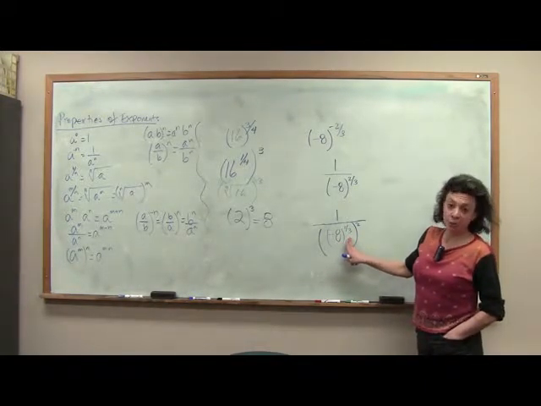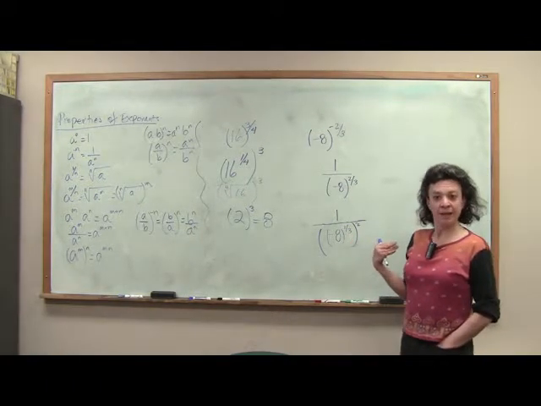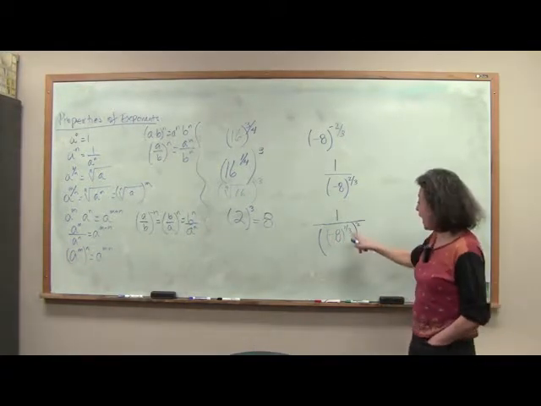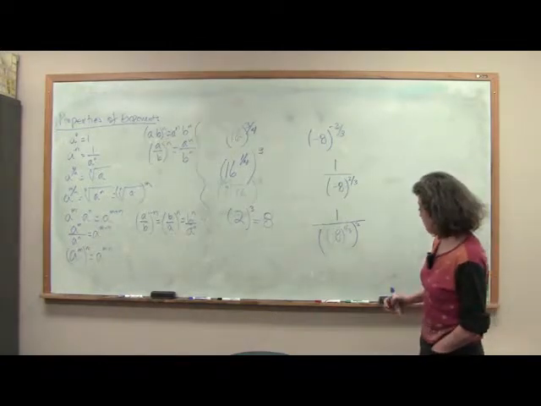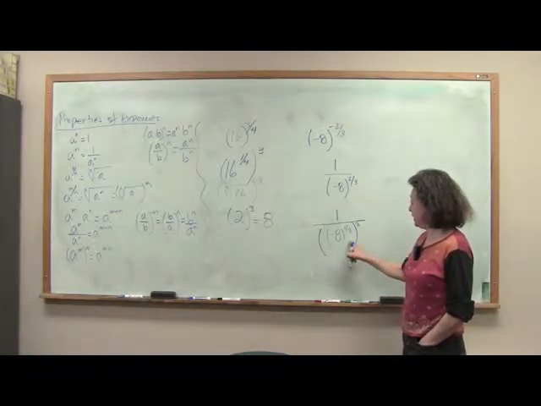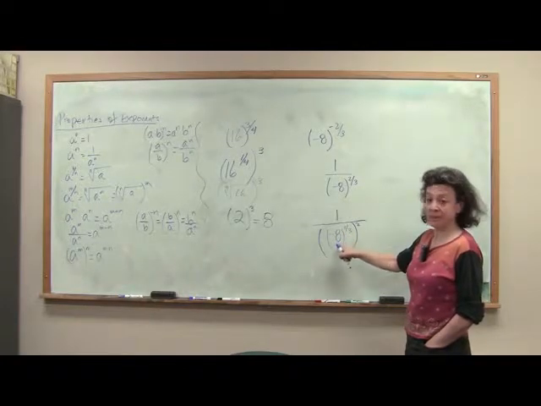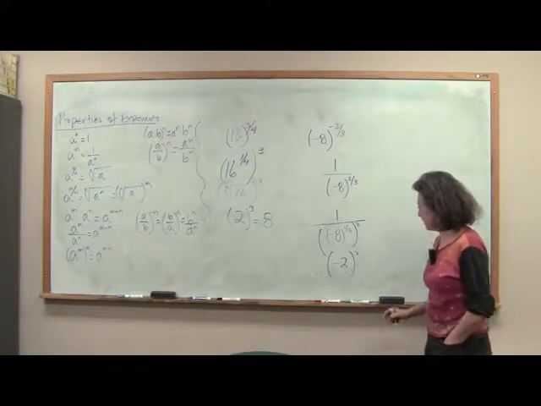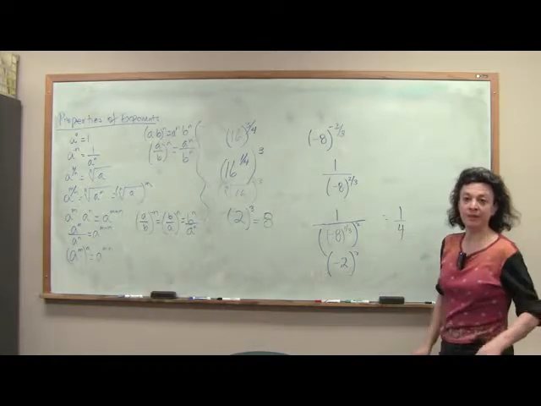I'm taking the cube root. Now, I understand if initially you were taken aback that you have a negative here, but again, when it's an odd root, you can take that root of a negative number. Okay, so I'm asking myself what multiplied by itself 3 times gives me negative 8, and that would be a negative 2. And then we square it to get a positive 1/4.